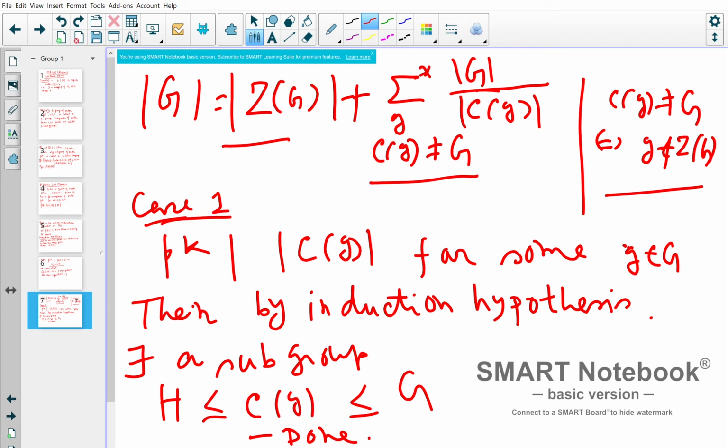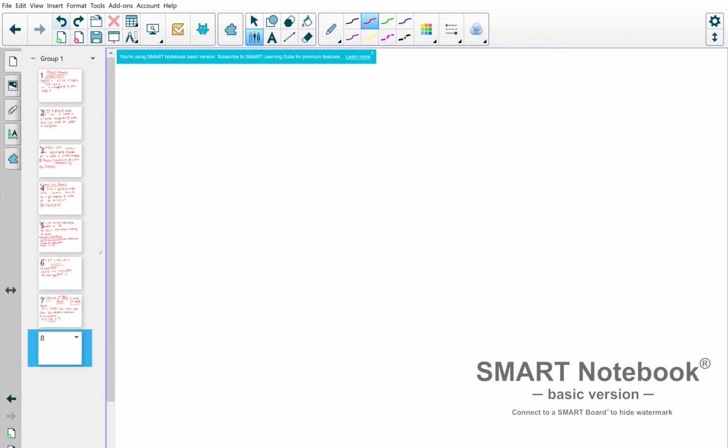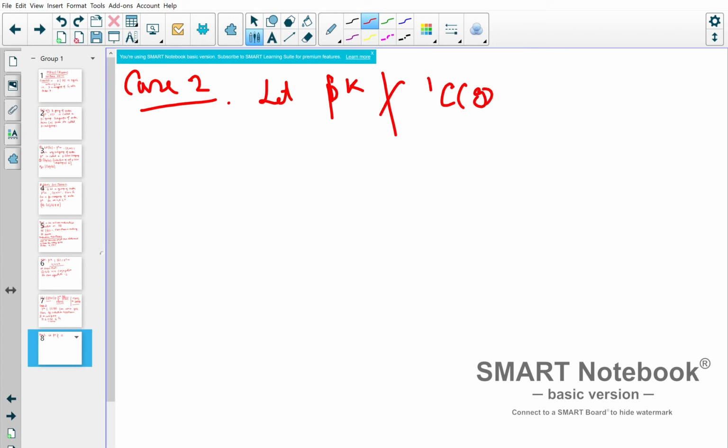Now the interesting case, case 2: let P power K not divide the order of the centralizer of g for any g belonging to G.